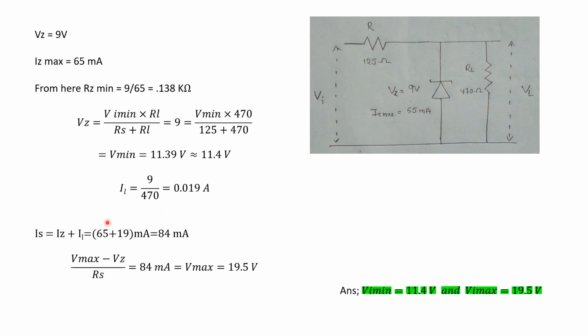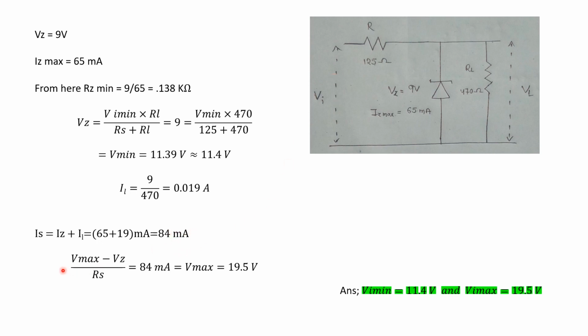Again we know that the IS value will be equal to IZ plus IL, that is the current through this resistor will be equal to the current through this diode plus the current through this load resistance. So from here we can get that this IS value will be 84 milliampere.